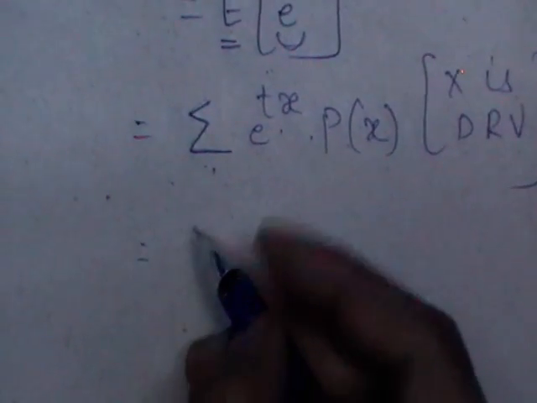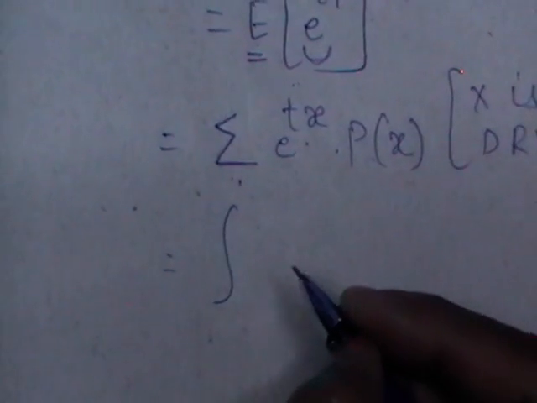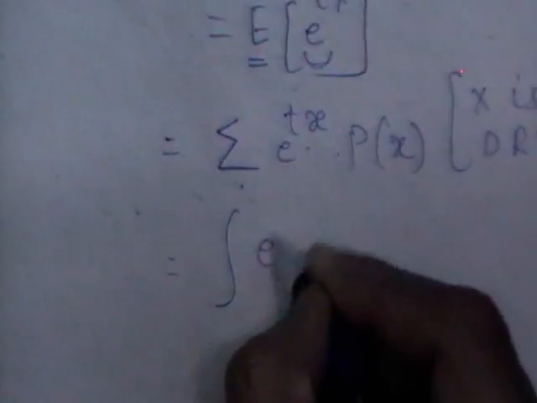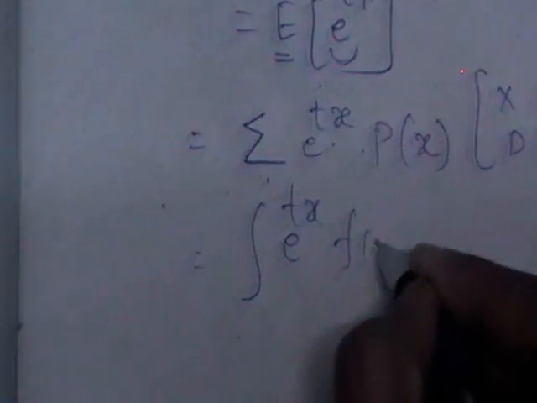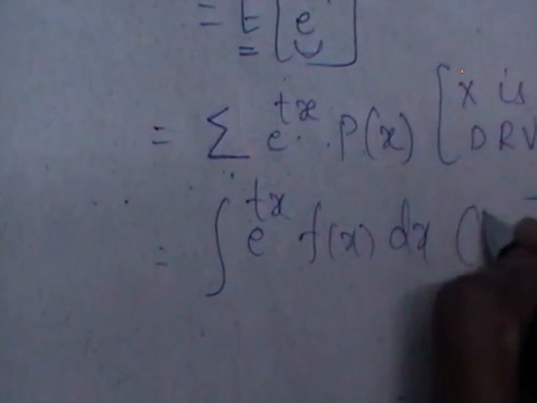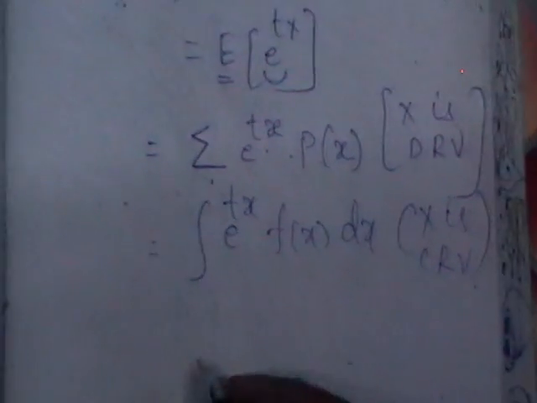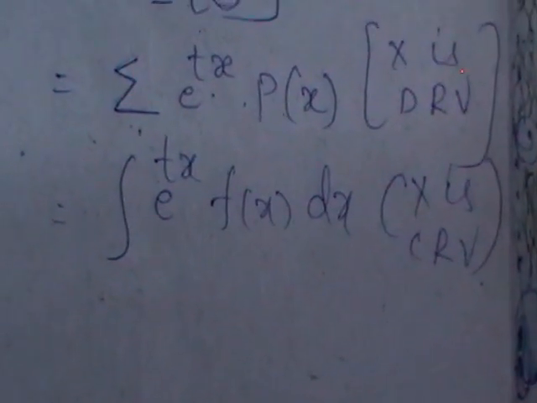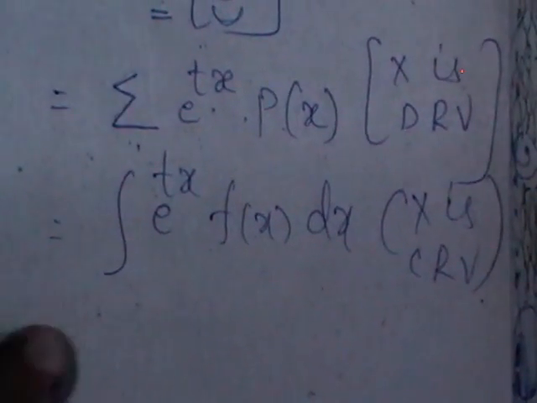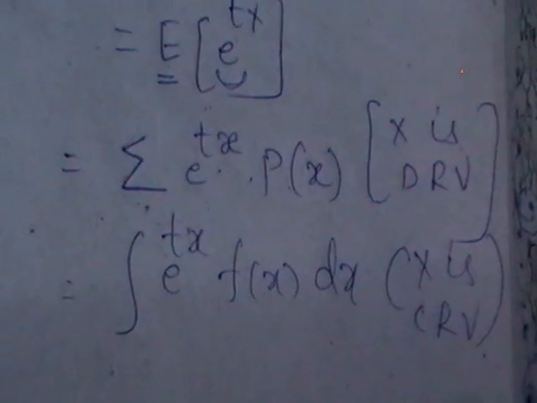If it is a continuous random variable, you will start with an integral. Within the brackets we have e power tx and f of x dx when x is a continuous random variable. So, as I said, moment generating function is one of the generating functions used for generating moments, and these are the formulas for M_X(t) in the case of discrete and continuous variables.